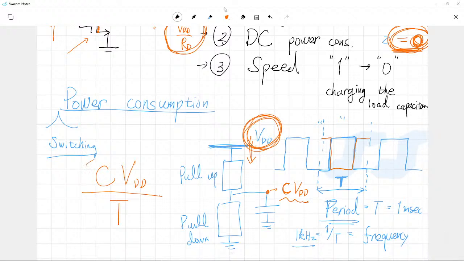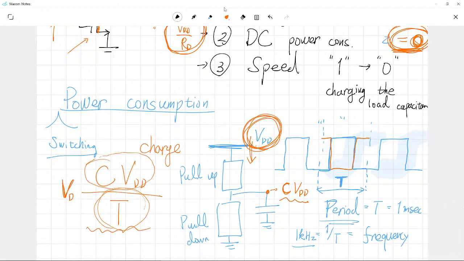This is the charge stored in our capacitor, and that is supplied in the time period of T. And now that is the average current. Of course, you know that this is just an average one, a time averaged current.